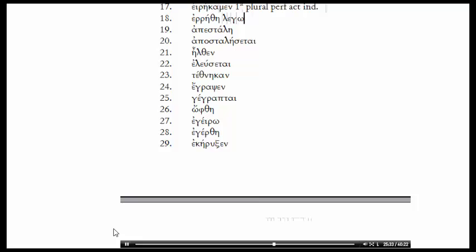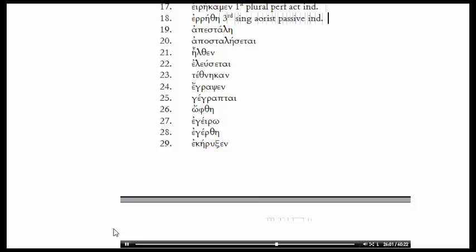Lego, ero, apon, which was here, erika, which is principal part 4, erimai, and erethane. Erethane. So this is going to be your sixth principal part. Erethane, erethes, erethe, so it's going to be third singular aorist passive indicative.